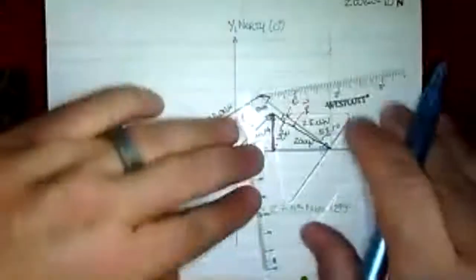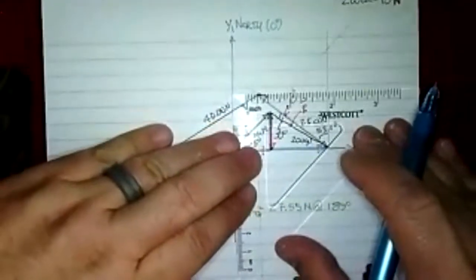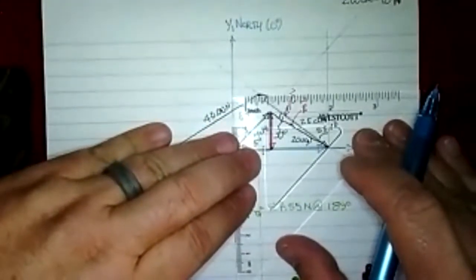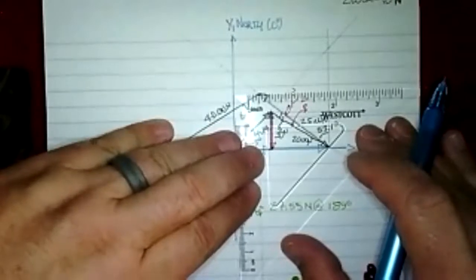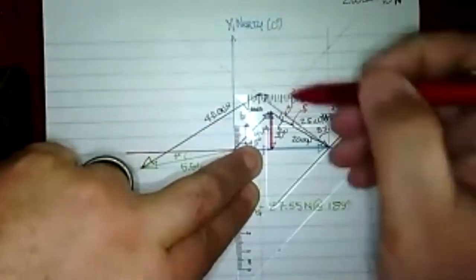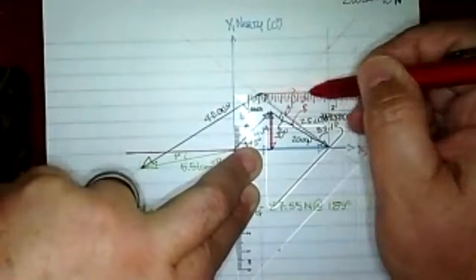Now you can also see that the y component of vector C is going to be positive. And the x component is actually going to be negative. So I'll draw the x component first, right here. And I'll draw the y component right here.